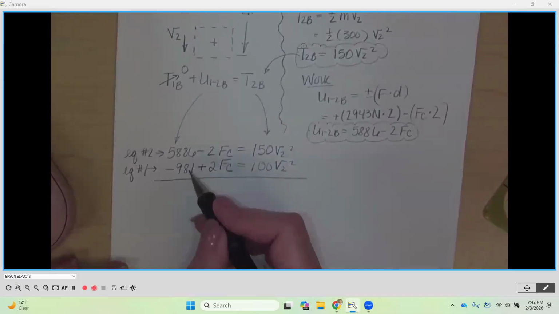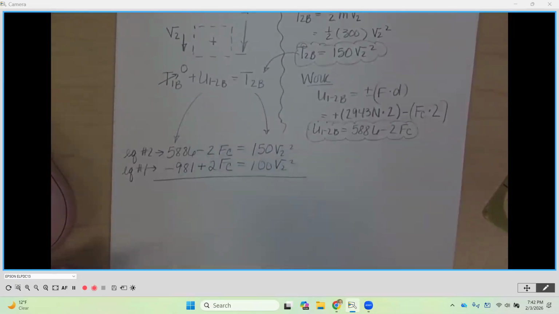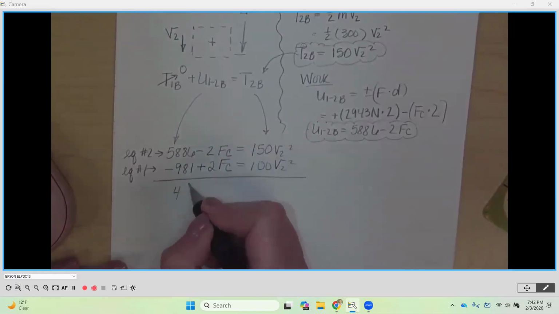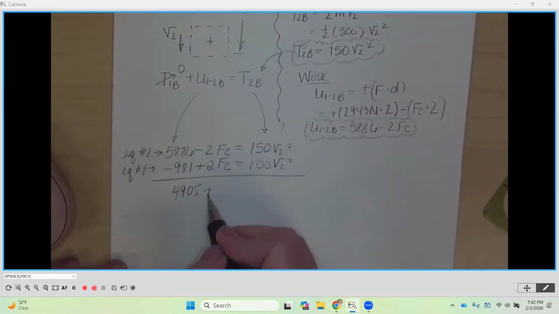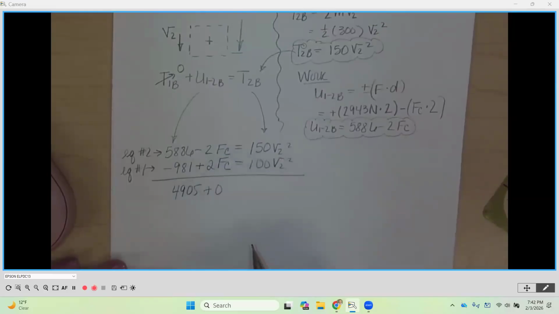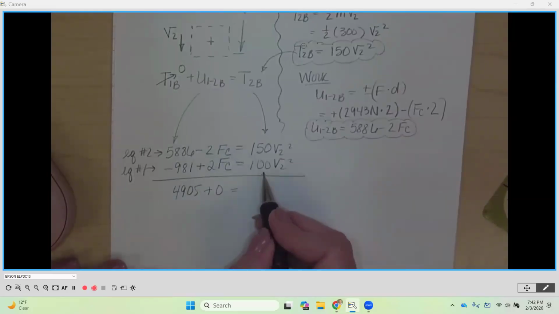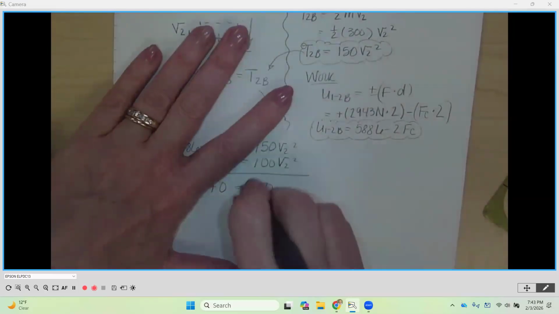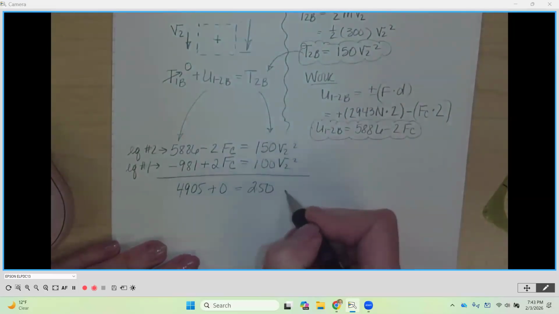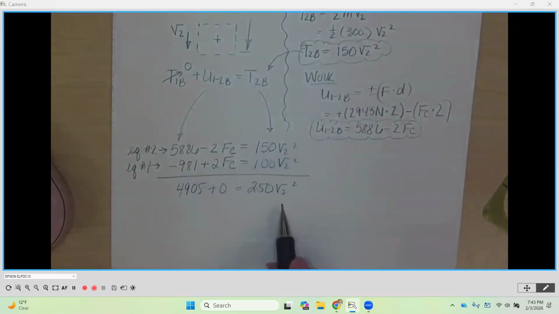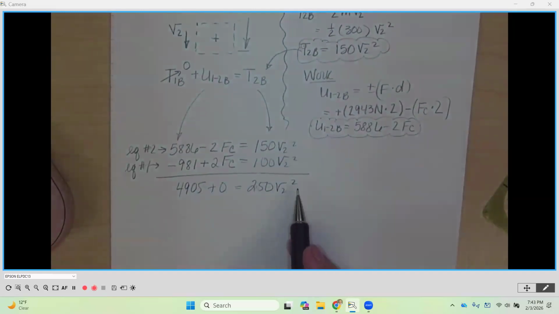So we can add these and subtract them, right? So we're going to have 4,905 plus 0 minus 2 plus 2 is equal to 350, I'm sorry, 250 V2 squared. Now our only unknown here is the V2 squared, or the V2.